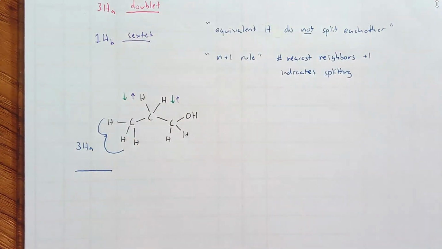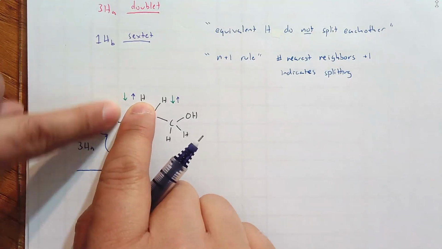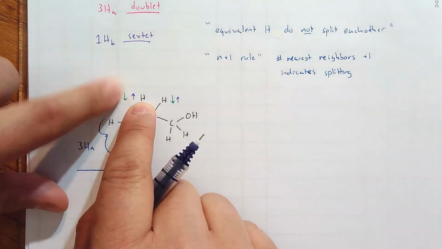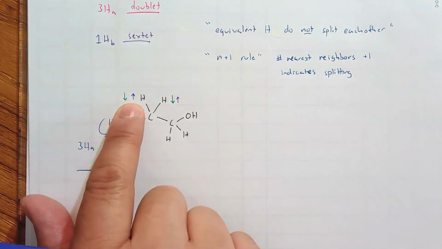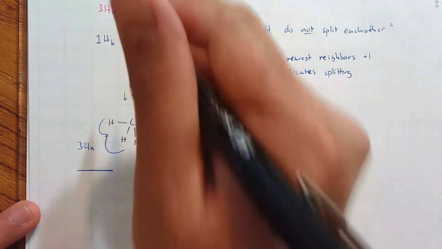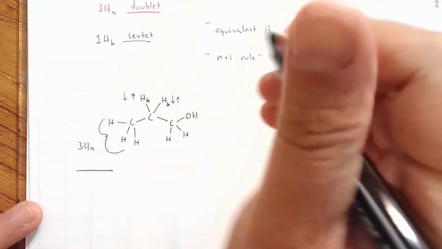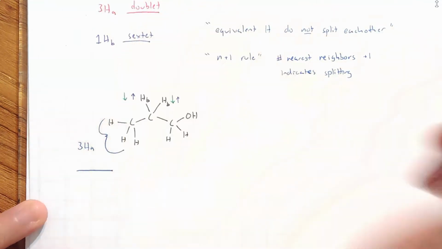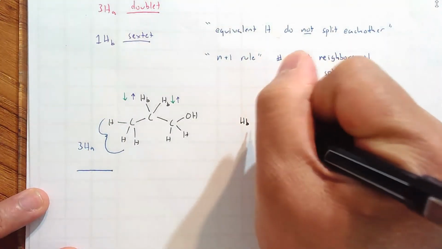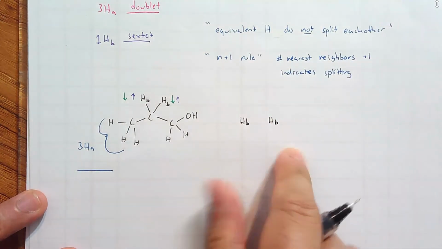Or you can think of half the molecules, this H has an arrow down, the other half has an arrow up. Okay, so it's still 50-50 and 50-50. We will call this proton B. This is HB and HB. But let me make them different. Let's say HB to the left and HB to the right. Okay, does that make sense?